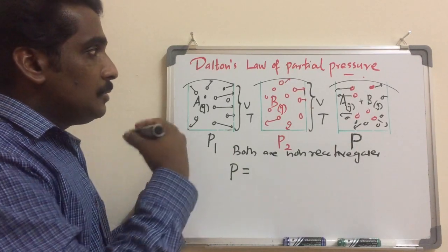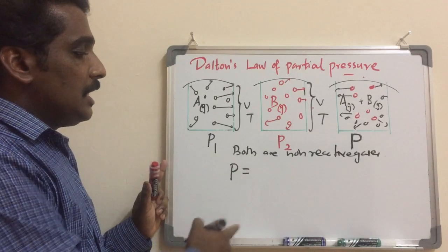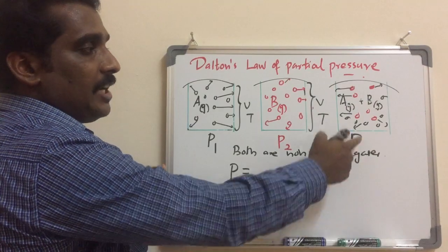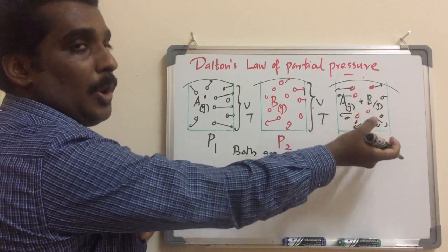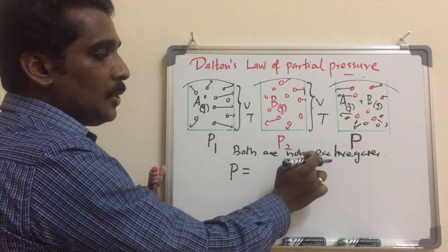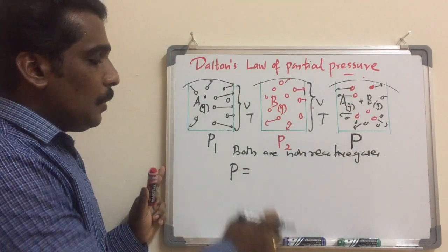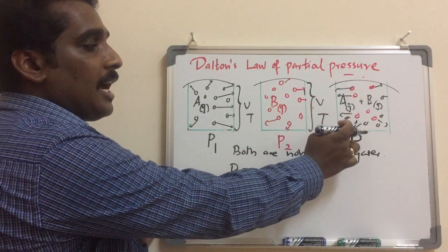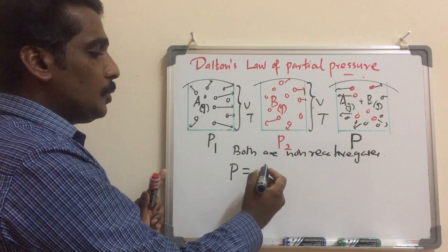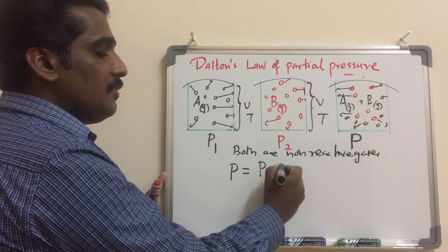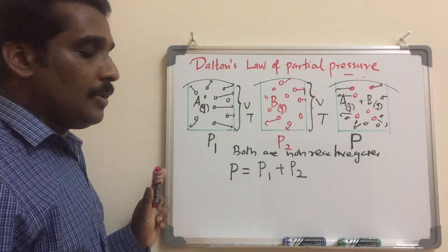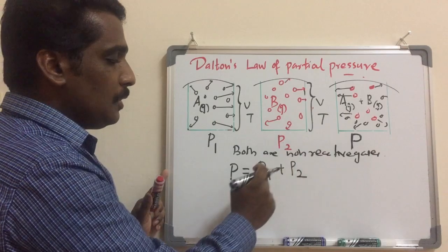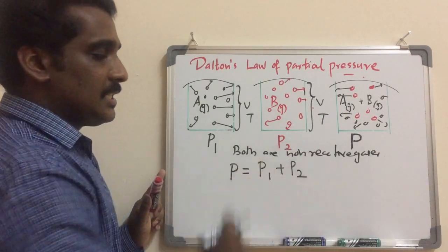According to John Dalton's statement, the total pressure of a mixture of non-reactive gases. Why is it called a mixture? Because it contains two components, and both components are non-reactive gases. According to John Dalton, the total pressure of a mixture of non-reactive gases is equal to the sum of the pressures of the individual gases.